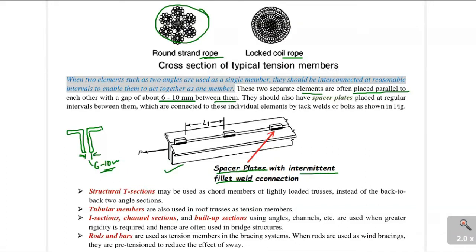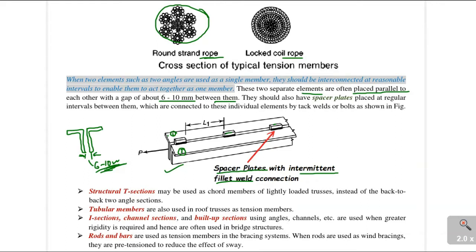This is angle 1 and this is angle 2, and these small plates are nothing but spacer plates, and these spacer plates have a thickness of 6 to 10 mm. So when they are placed between these two angles, the spacing between them will be equal to the thickness of the spacer plate, isn't it?